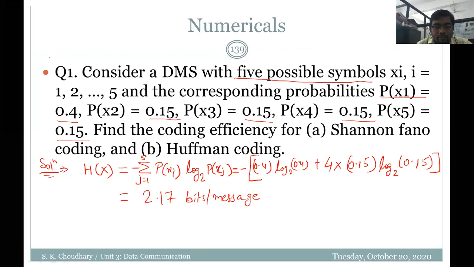Now we have to carry this forward to the next point: first we are going to apply Shannon-Fano coding. So case 1, where we are going to use Shannon-Fano coding. What is the method of using Shannon-Fano?